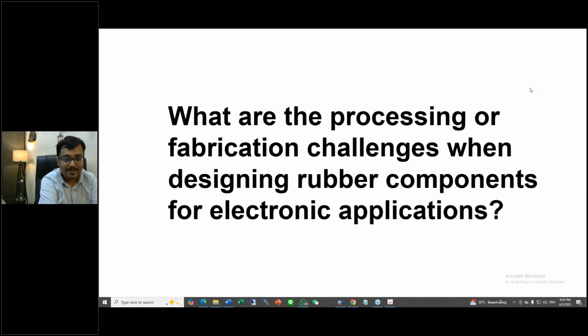If you know those secrets or recipes to control the dispersion of these nanomaterials in the rubber matrix uniformly and homogeneously, with very marginal batch to batch variation, then you can get very good properties from this sensor or electronic material. But if you are not able to do so, then mixing is one of the biggest challenges associated with this technology.